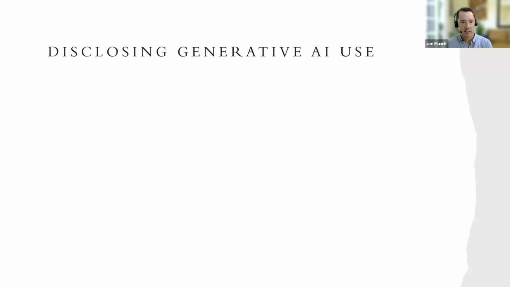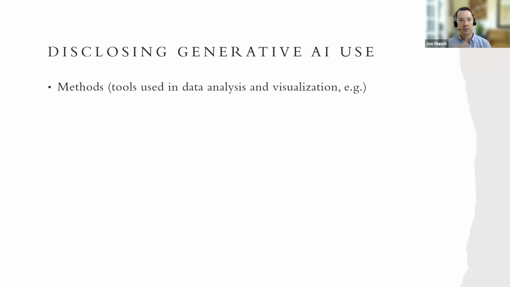Okay, so that could be generative AI for images and text, or generative AI for a data analysis. It just depends. So for those uses of generative AI that are actually part of the study, it should be commonsensical that that description would appear in the methods section. So these would be tools for a data analysis, data visualization, image generation, those kinds of things. But if you're using generative AI to actually write the paper, that usually appears in the acknowledgments.